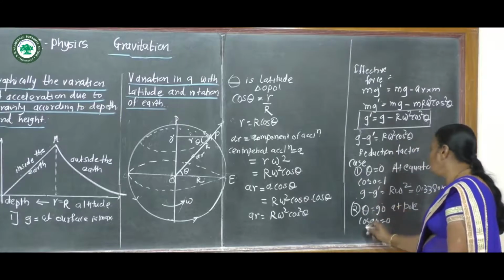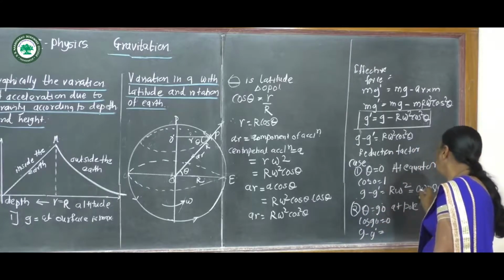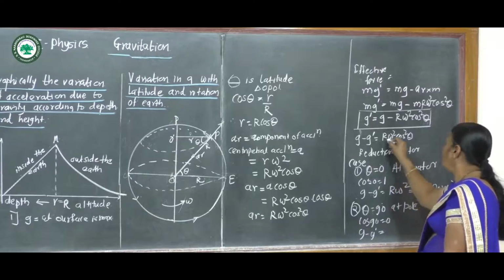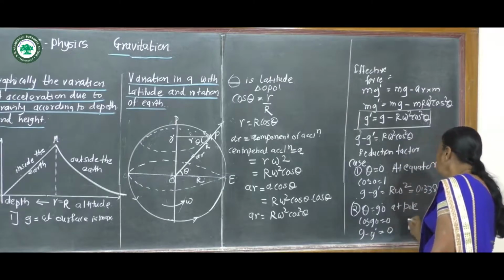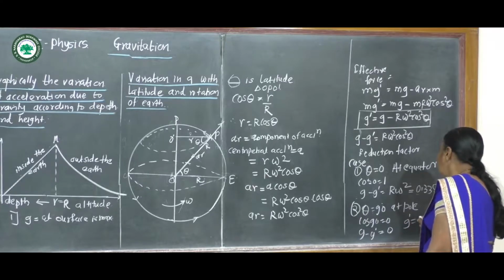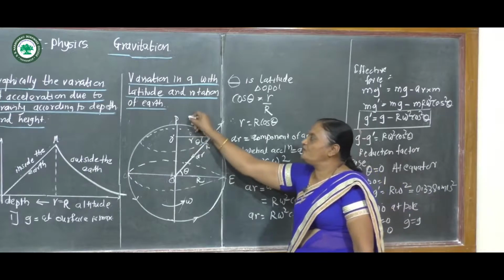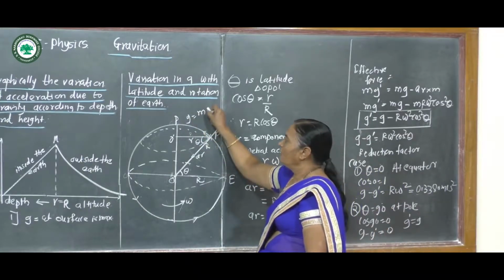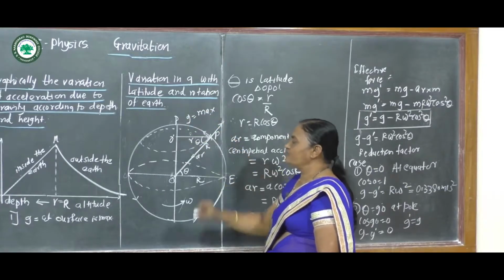We substitute, and g minus g dash is equal to R omega square times 0, that is, g dash is equal to g. At the equator, the value of g is minimum here.